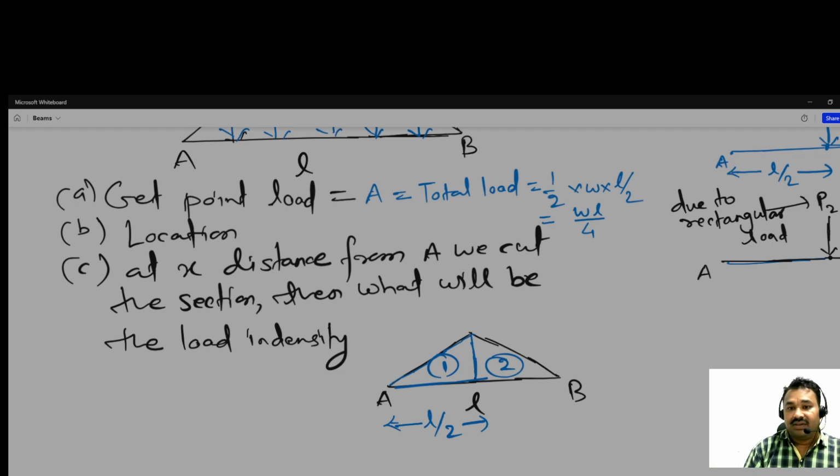And where is it acting? From A, it is 2/3 of the length, the beam length, so that is here L by 2.